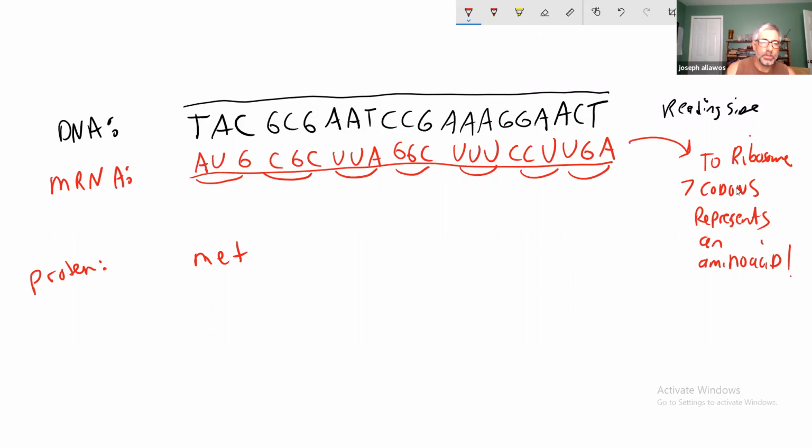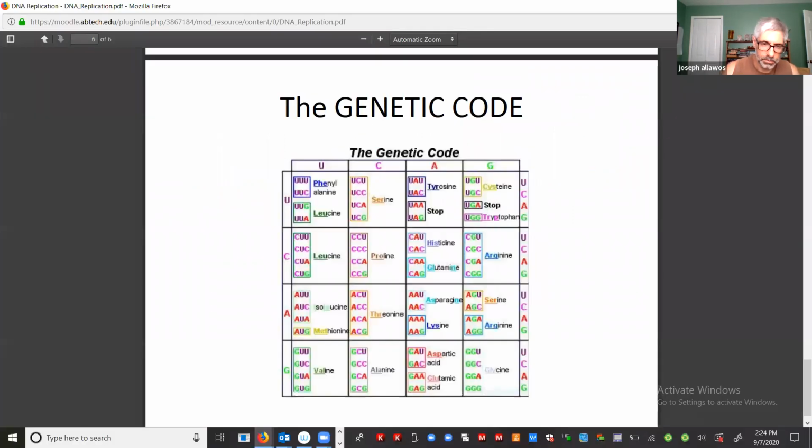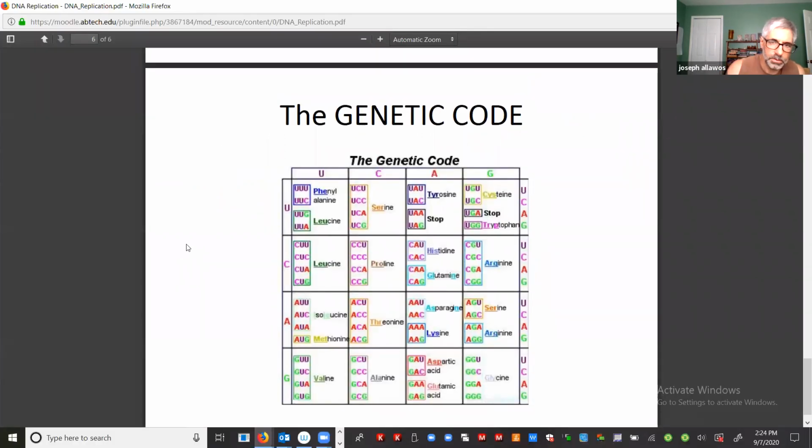So there's MET. The next codons we go to are CGC and UUA. Let's write those down and look up both of them.